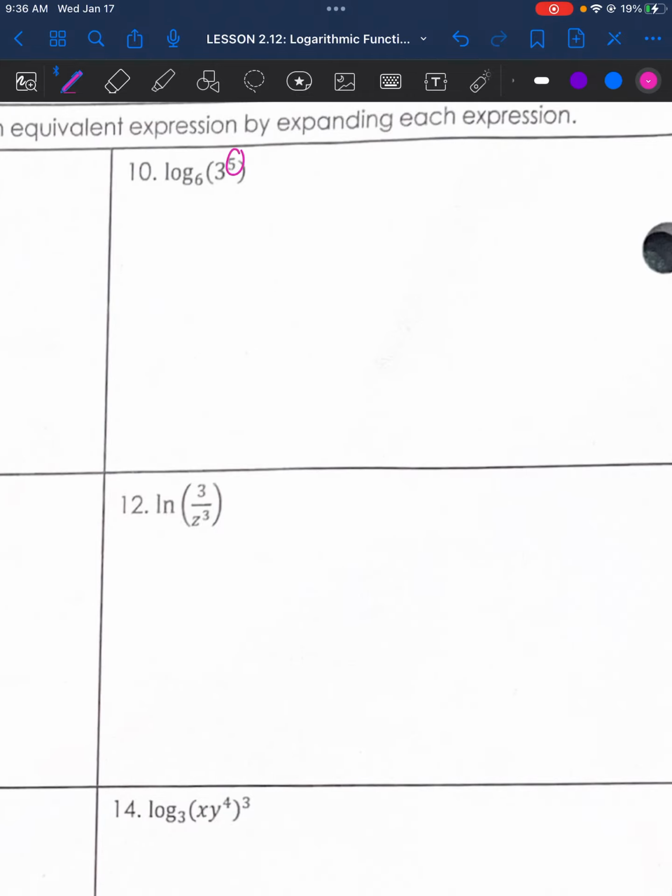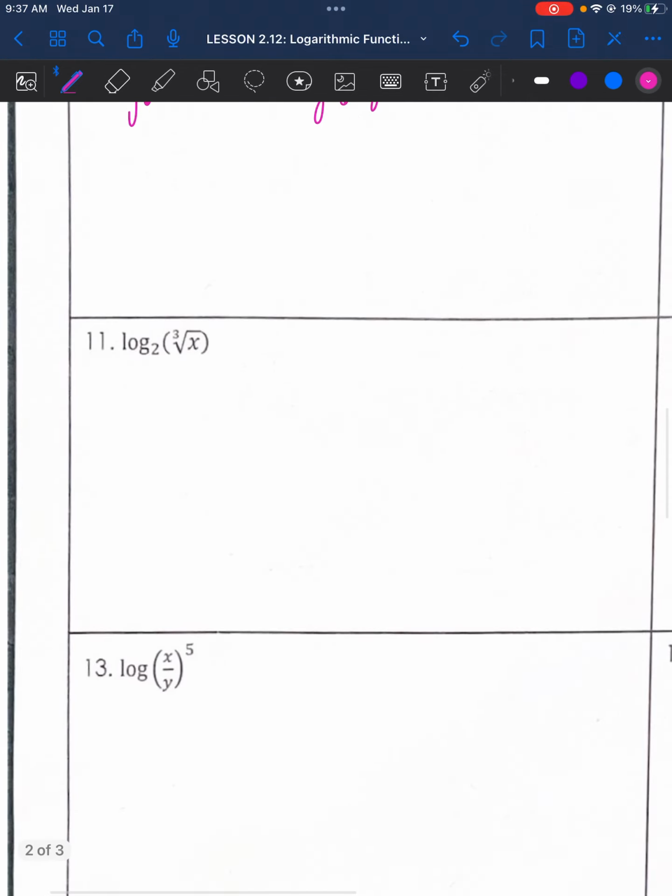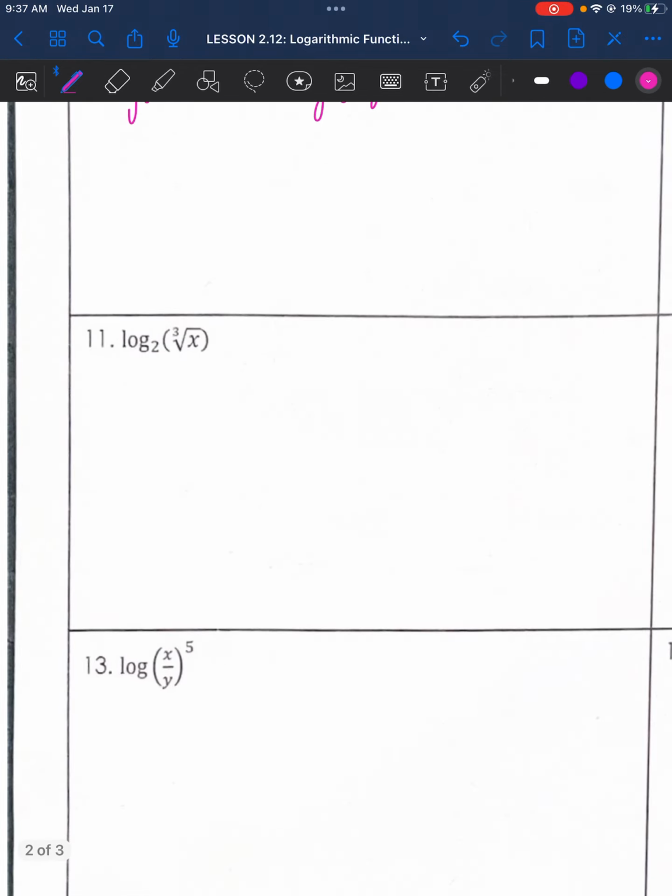Any exponent comes out, and this becomes 5 log base 6 of 3. A cubed root, remember, is the same as having a 1/3 power.